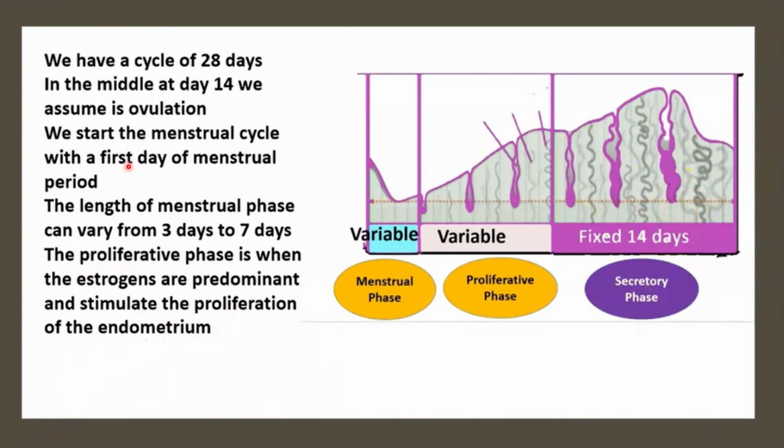The menstrual cycle begins with the first day of the menstrual period. The length of the menstrual phase is anywhere between 3 to 7 days. Again, it's variable, which means 3 to 7, we don't know. It depends. The proliferative phase is when estrogens are predominant and stimulate proliferation of the endometrium, and that is why it's called the proliferative phase.